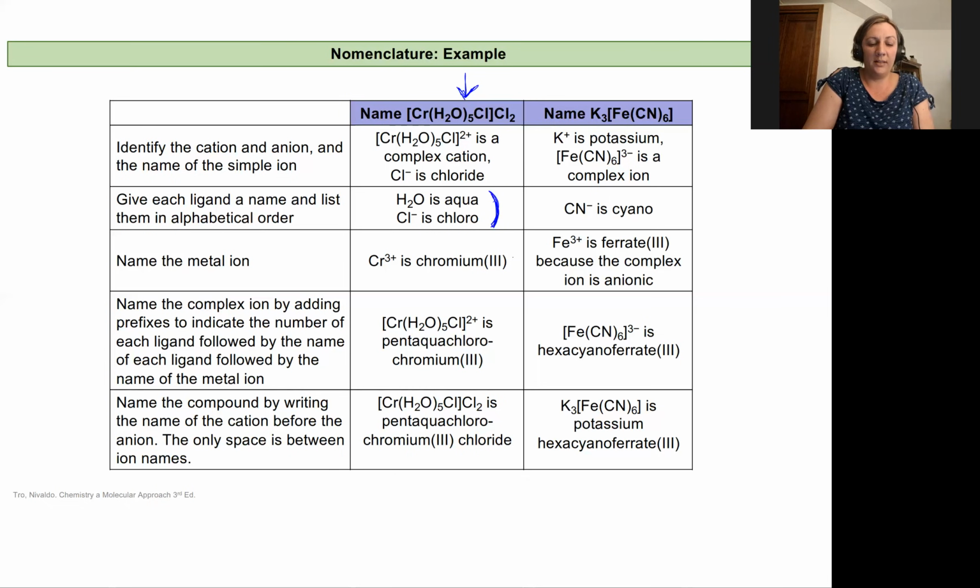I know my chromium is going to be +3, and the name of it's just going to be its elemental name because the complex ion is a cation. And so then I can add in my prefixes for my ligands and name those. So I have 5 waters, so I have penta-aqua, and I have 1 chloro, so I just put chloro. I don't need to put mono, it's repetitive. And then I can add in the rest of my complex ion, which is the chromium 3. After that, I can follow it with the anion, which is chloride, and I get penta-aqua, chloro, chromium 3, chloride.